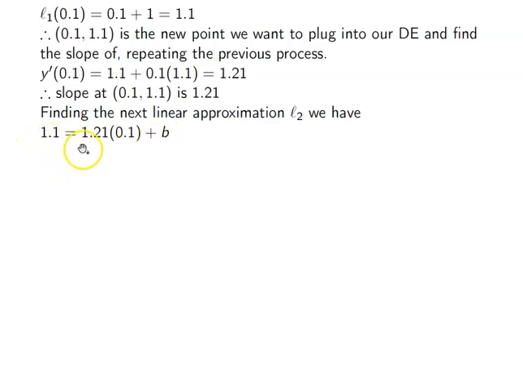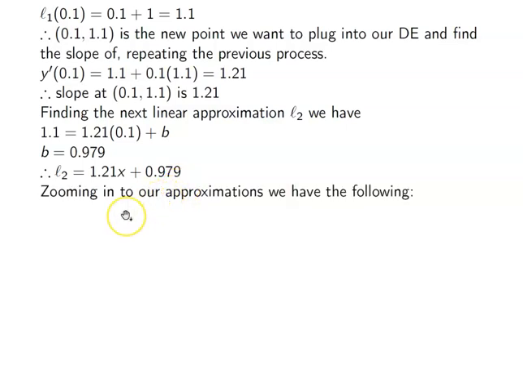So basically 1.1 minus this product, and that is 0.979. So my tangent line at (0.1, 1.1), a little bit away from the initial point, is 1.21 times x plus 0.979.